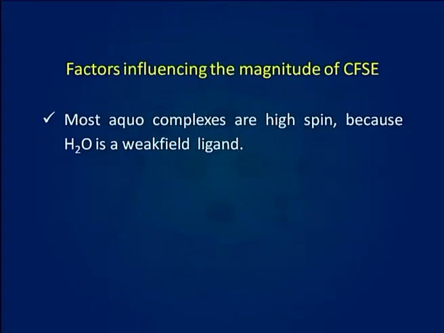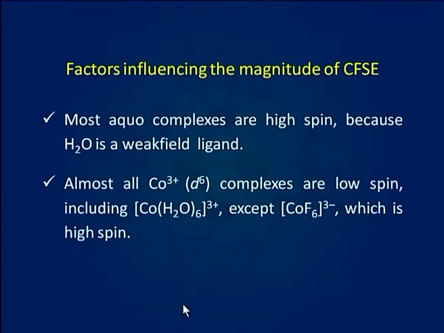Most aqueous complexes are high spin because H2O is a weak field ligand. Almost all Co3+, that is d6 complexes, are low spin, including [Co(H2O)6]3+, except [CoF6]3-, which is a high spin complex.